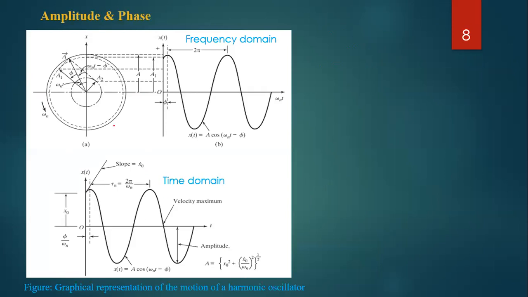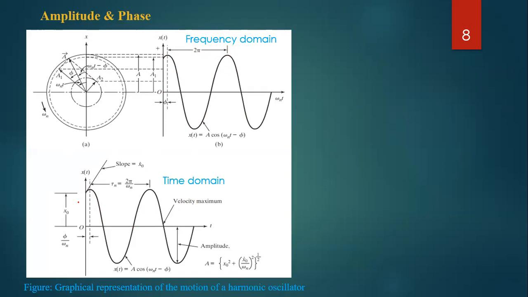This is a simple representation of simple harmonic motion. The time period from here to here is 2 pi. That is one period.